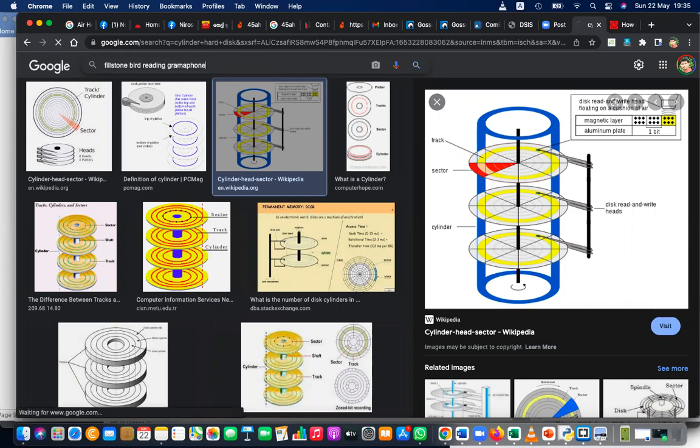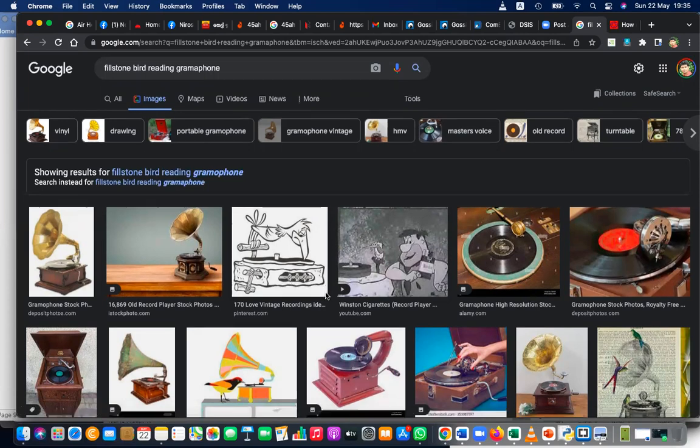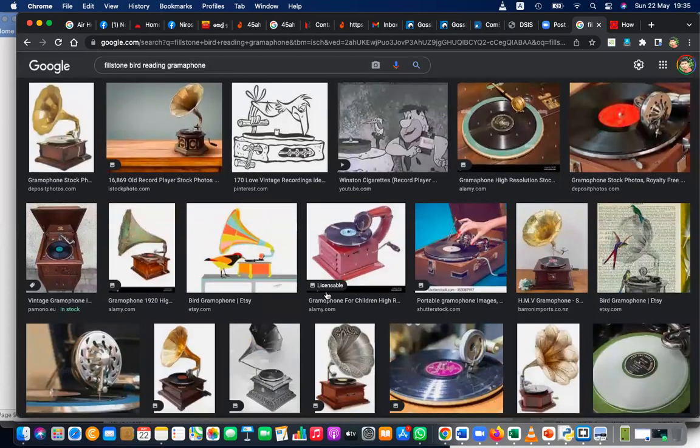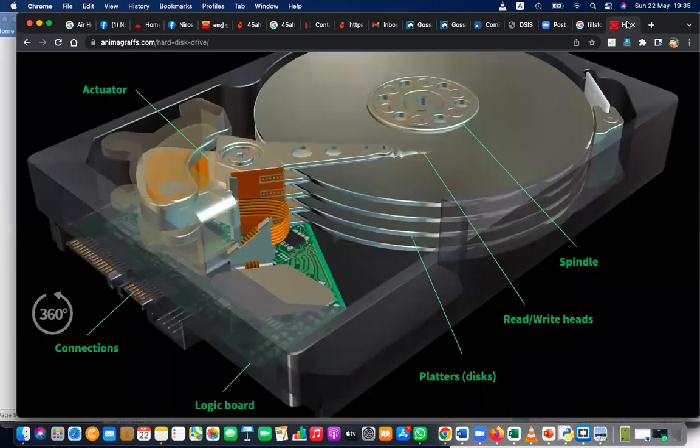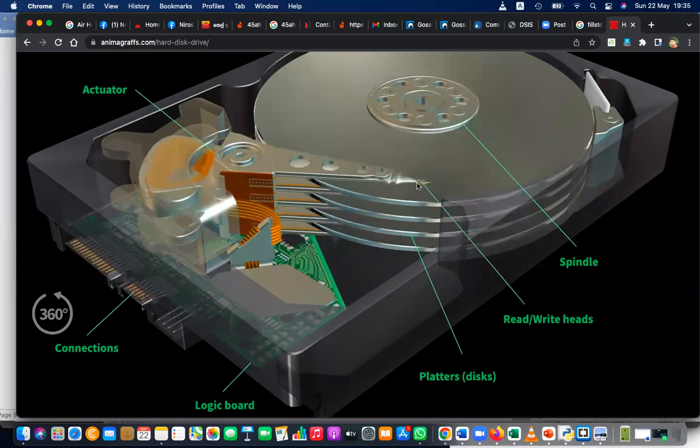This is actually a cartoon, but just to remind you what is happening. The bird is moving its beak back and forth, and the gramophone is circulating, so thereby it's accessing the entire surface. This is what happens in the hard disk. The entire surface is accessed, because the head is moving back and forth and the platters are rotating in certain revolutions per minute.